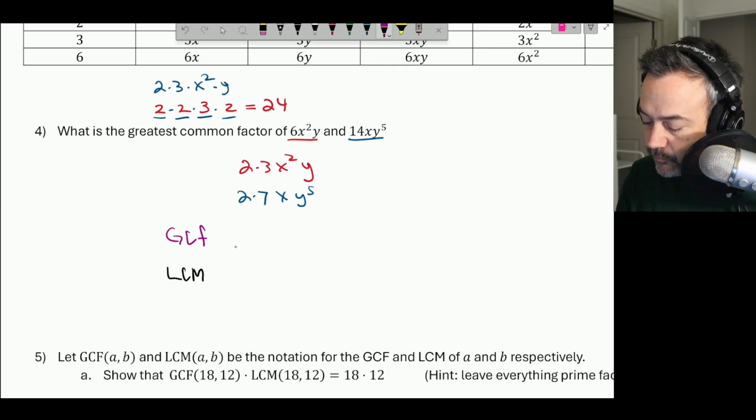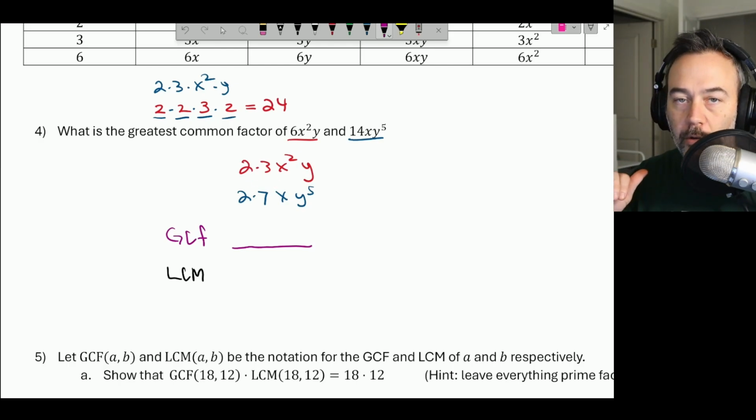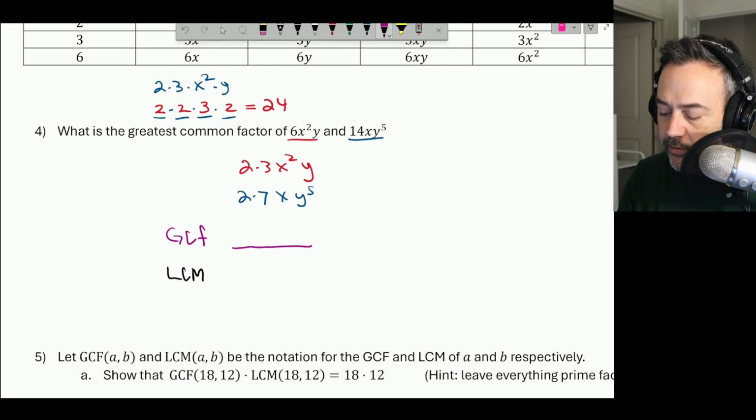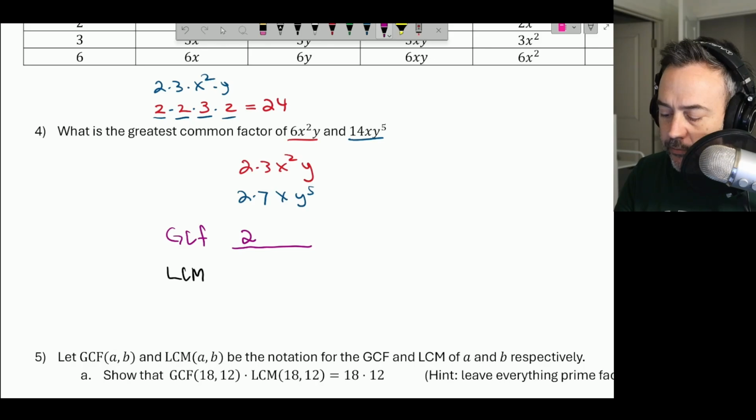The GCF is compare the prime factors and take the lower exponent. They both have a factor of 2 in common, both with power 1. So that's what we put. Now, the top one has a 3, the bottom one doesn't. So the GCF will not have a 3. Bottom one has a 7, top one doesn't. So the GCF will not have a factor of 7.